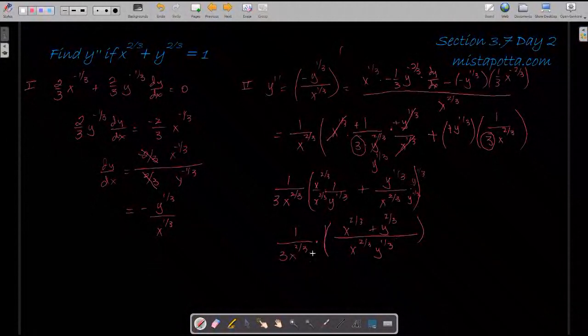And so I've got this nice closed formula.